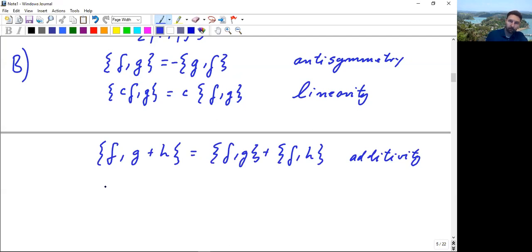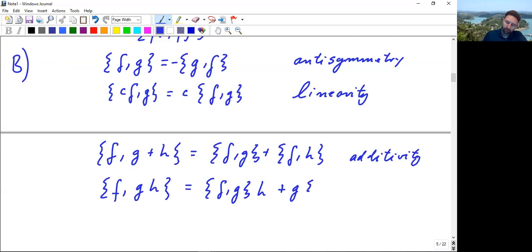And we finally also have that the Poisson bracket of a polynomial f with the product of two polynomials, g and h, is equal to the Poisson bracket of f with g times h plus g times the Poisson bracket of f with h. This is the product rule.